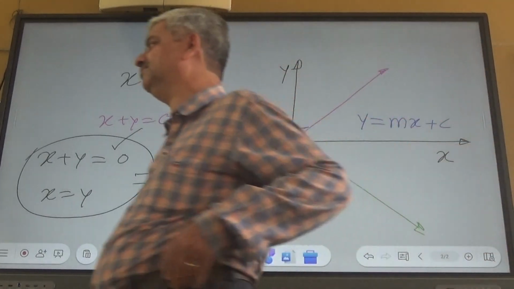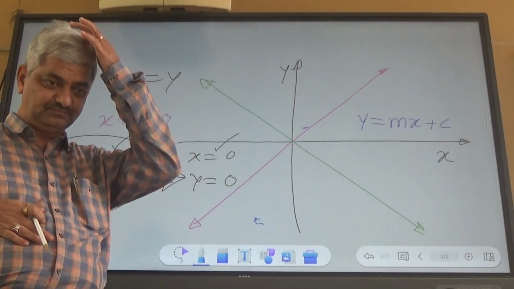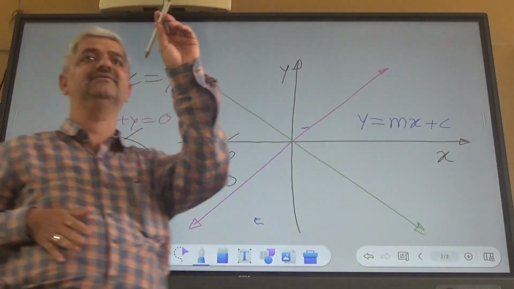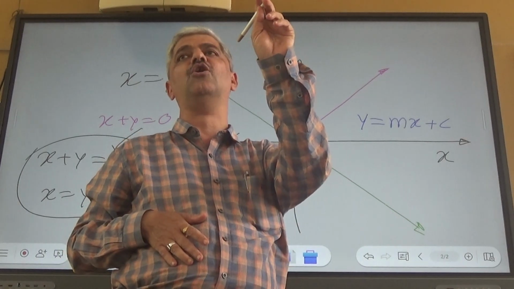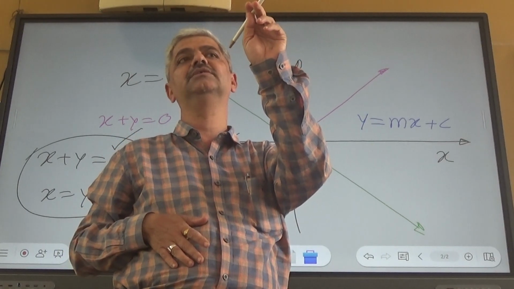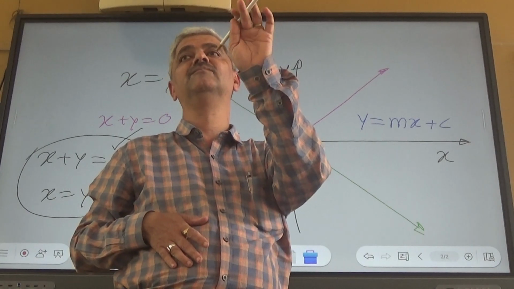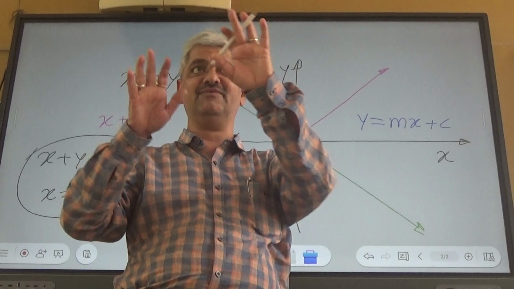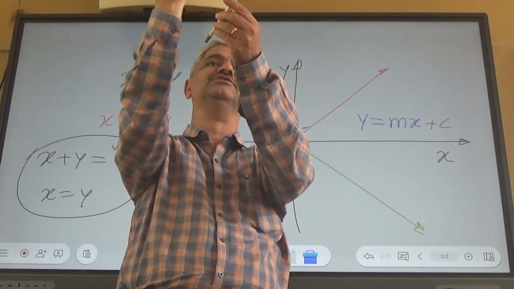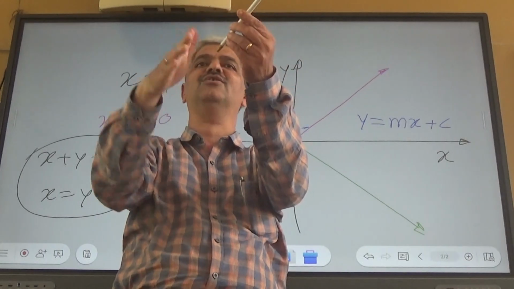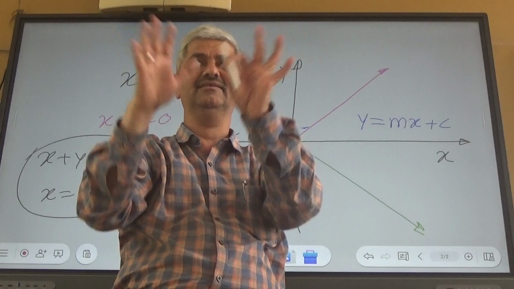Now, any line you take, one line can be thought of as the intersection of multiple pairs of planes, this and this, or this and this. Will you understand?